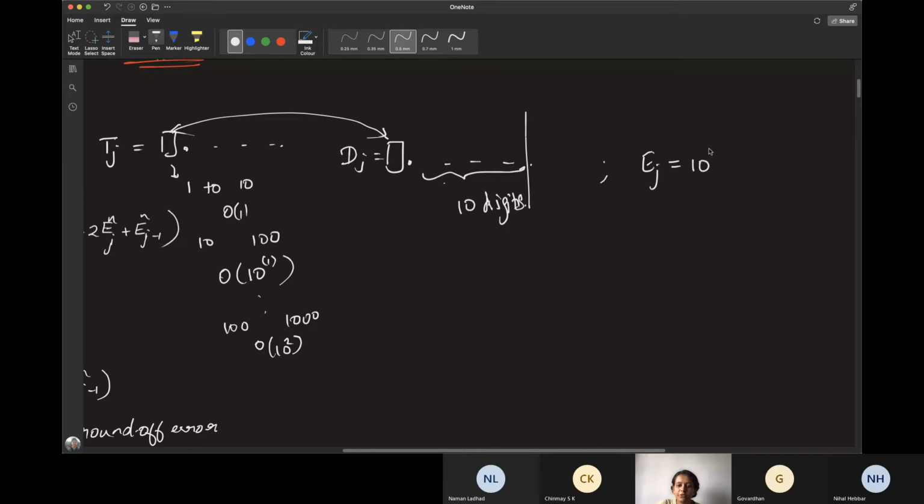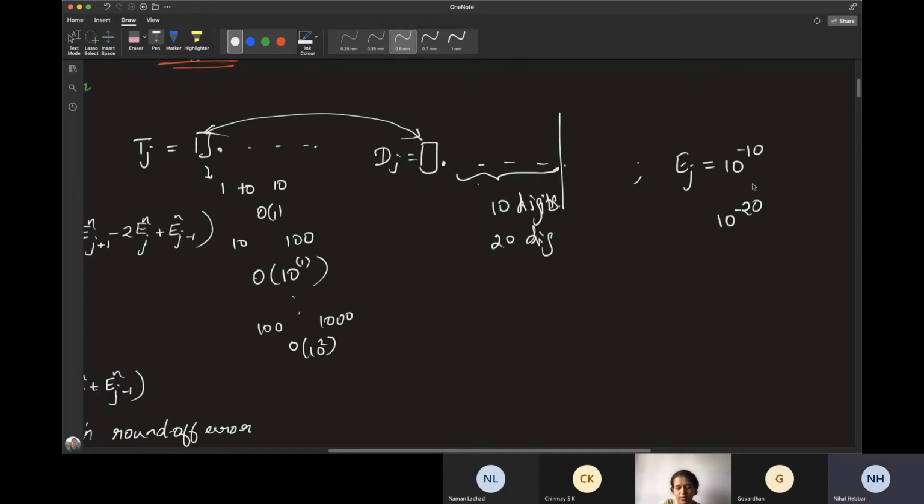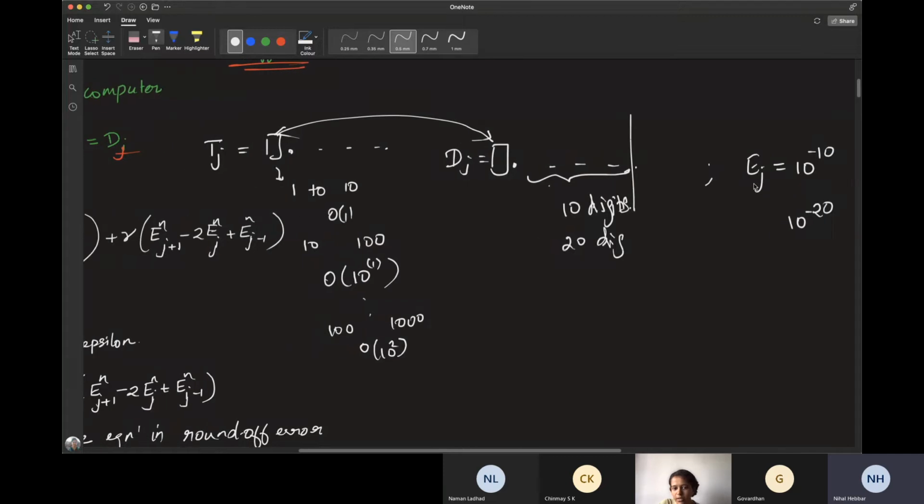Now Ej will be of order 10 to the power minus 10. If it has gone up to 20 digits, then Ej will be of order 10 to the power minus 20. Is that clear? Any doubt? No, ma'am. No doubts. Okay.